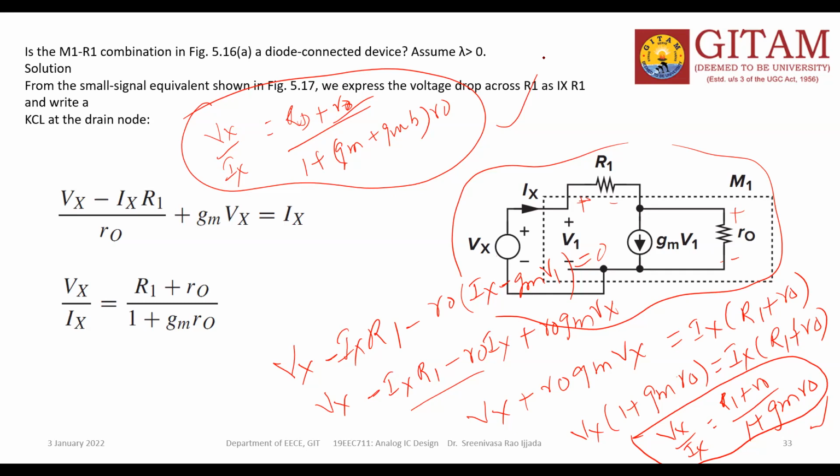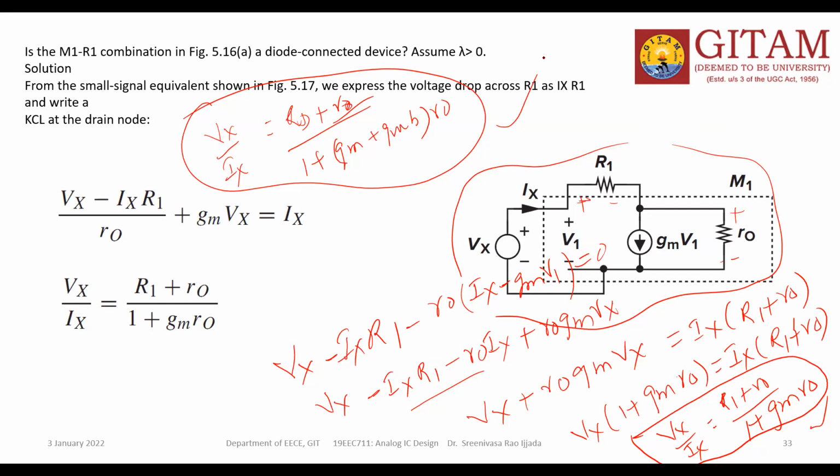GMB is missing. What is the GMB? Tarun, what is the GMB? Transconductance of the device, including the body factor, the body coefficient factor. Okay.